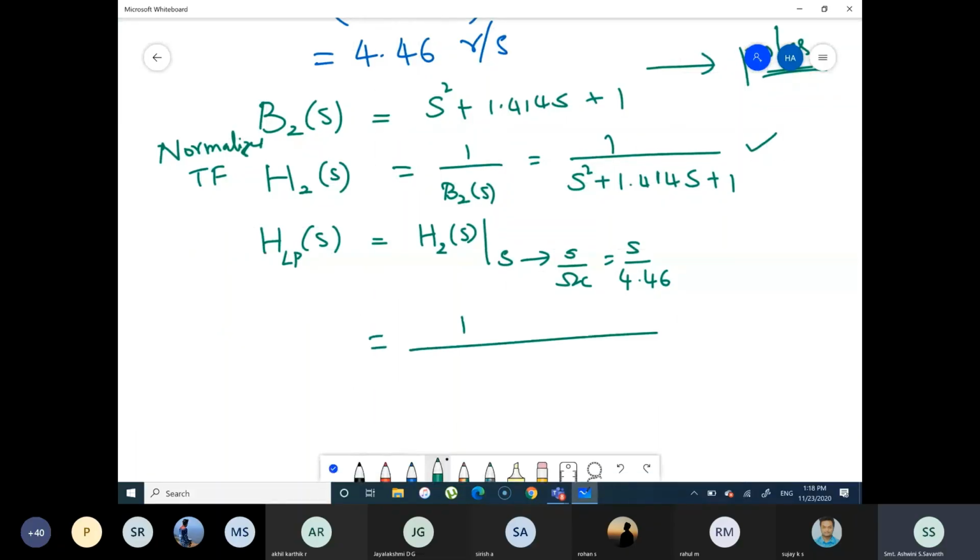So that's 1 by (s by 4.46) whole square plus 1.414 s by 4.46 plus 1. So you can simplify that. Take LCM and write it in a simplified form.